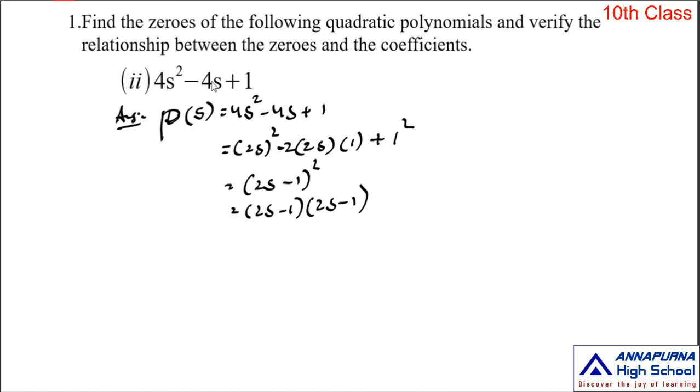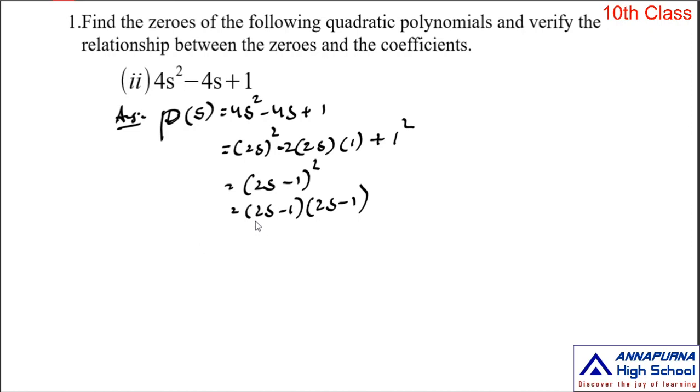That means this quadratic polynomial has only one zero value. Why? Because here we get two same linear factors, but here we are verifying the relation. That's why we take the two zeros as the same number.